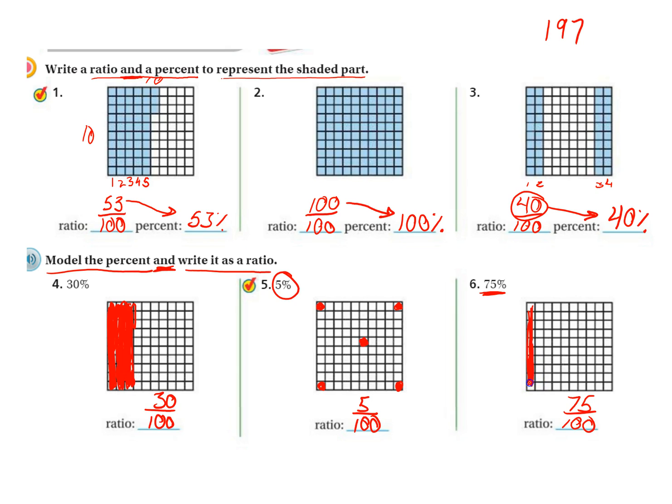So there's 1 column, that'd be 10 total squares. 20, 30, 40, 50, 60, 70. So there's 70, and then I need 5 more. 1, 2, 3, 4, 5.